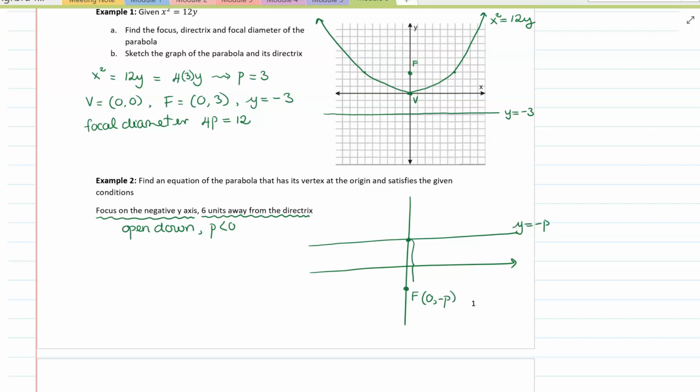If this distance here is 6 units, this distance here is 3, and this is 3. So this tells us that p is equal to negative 3. So our parabola is x squared equal to 4 times negative 3 y, and that is negative 12y.